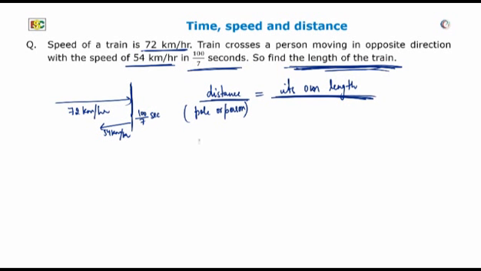We know distance is equal to speed into time. So, we have to calculate the speed and time for finding the distance, and time is also given in the question, that is 100 by 7 seconds.